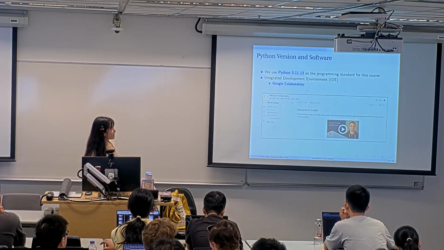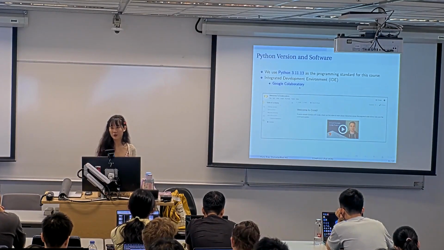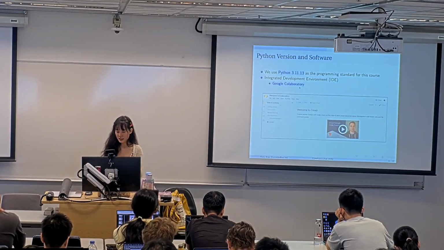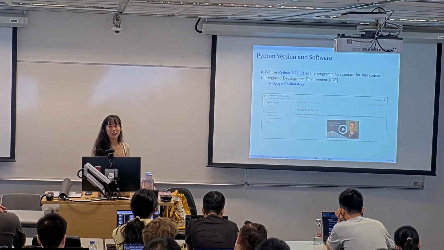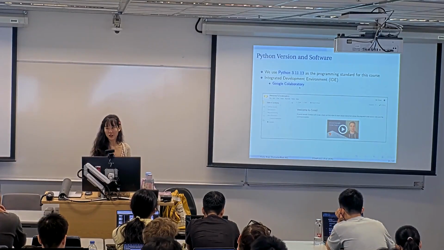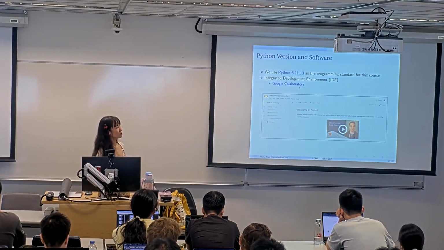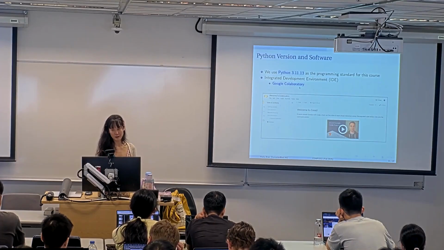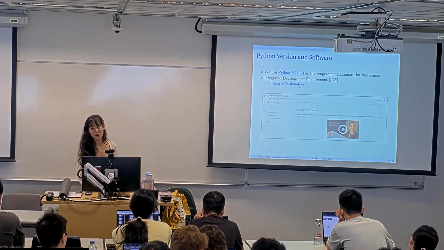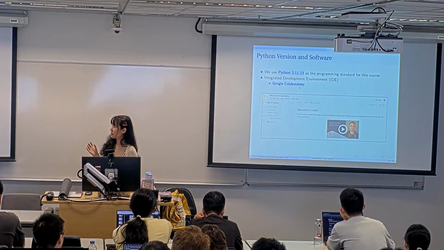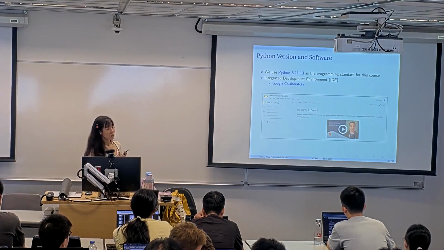The second reason is that Google Colab already has many useful libraries installed, like NumPy, Pandas, Keras, Scikit-learn. You don't need to install them yourself if you use Google Colab. And the third reason is that Google Colab is very convenient for debugging. Later on, after you have done some lab work, I think you will agree. Very easy to debug. So that's why we recommend you use Google Colab.